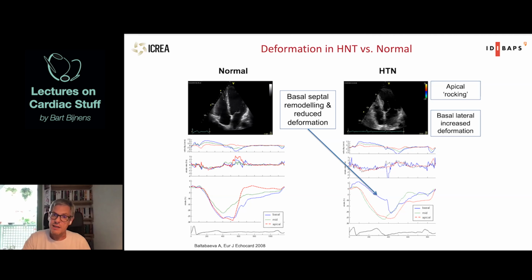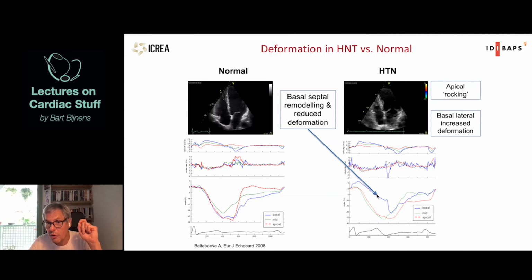We see, for example, in this patient with hypertension and this local septal bulge, that locally in the basal septum, instead of the very homogeneous deformation that you normally see over the septum, you first get stretching in this basal part, because your contractility cannot compensate for the high wall stress, especially in the beginning of the cycle, as I said before, because the wall stress is always the highest in the beginning of the cycle.